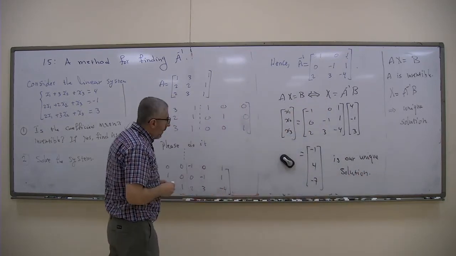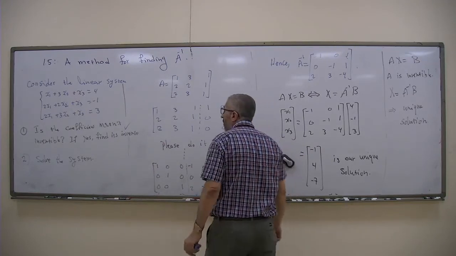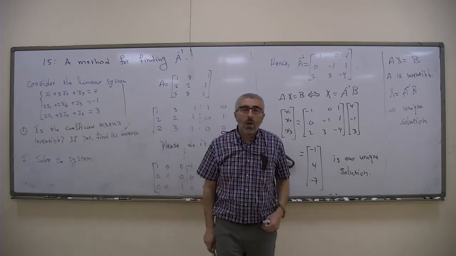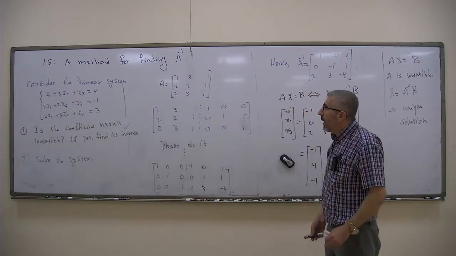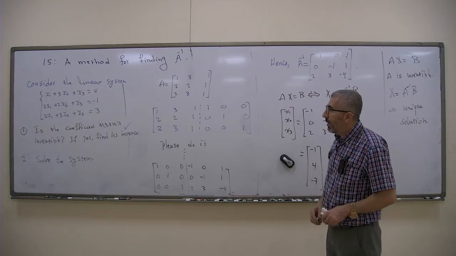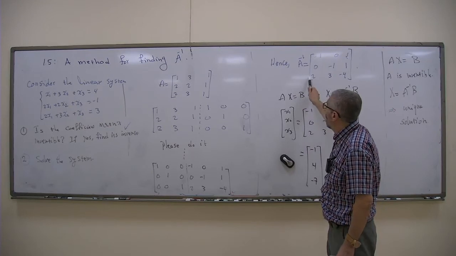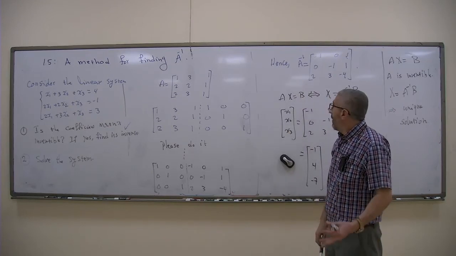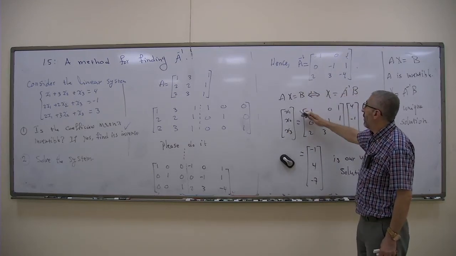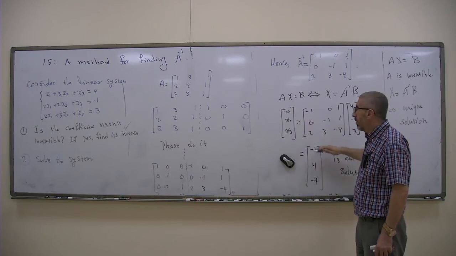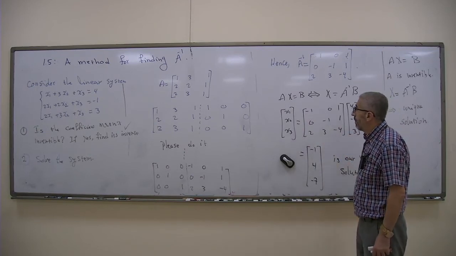Okay? So now you can ask yourself, if you have a question like this, would you do it using the method we discussed in the first section, or would you do it using the inverse of A? Well, obviously, if you have the inverse of A in front of you, then here it is very easy to do. Okay? That is sure.